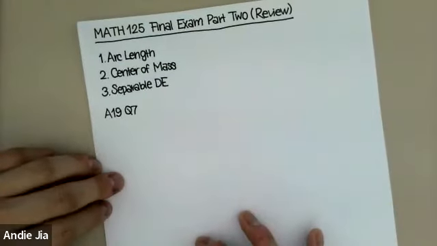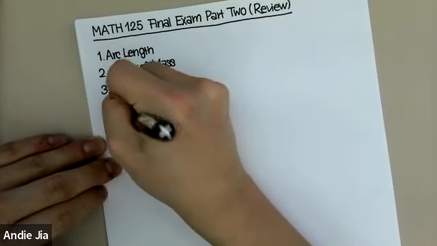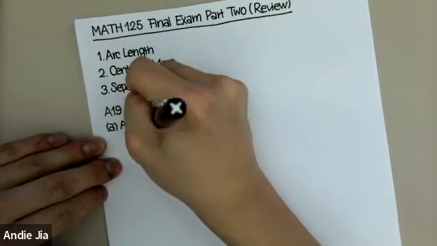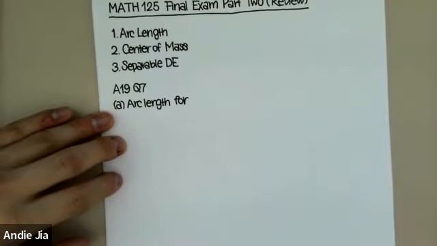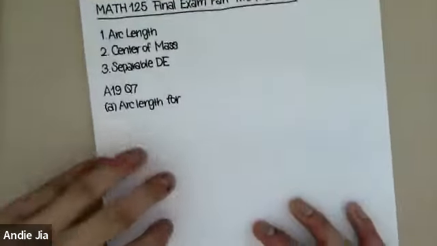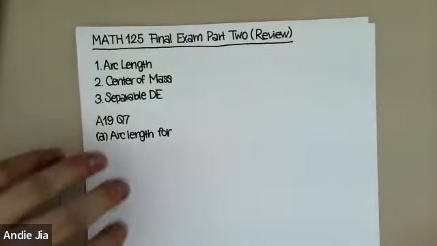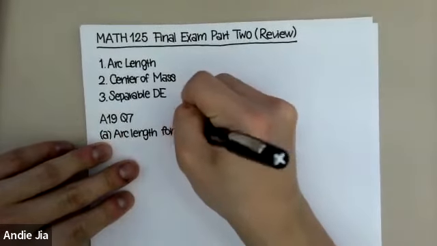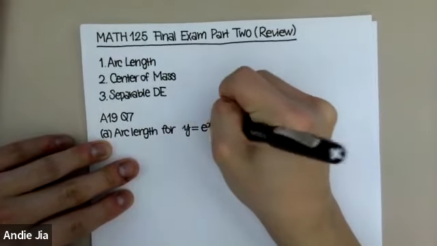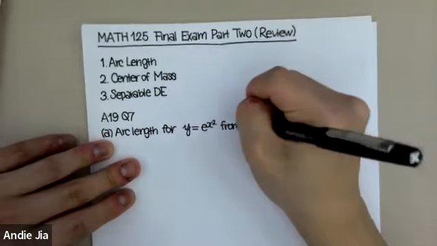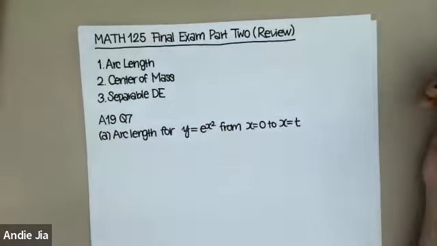Write an arc length integral for y equals e to the x squared from x equals 0 to x equals t.